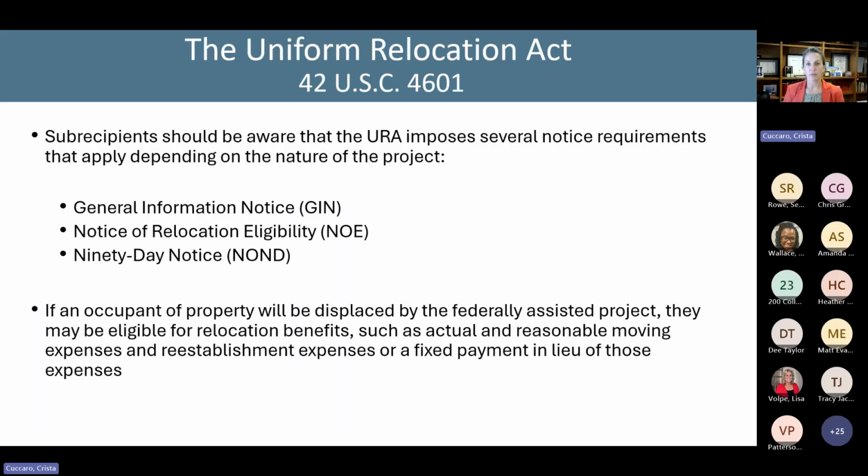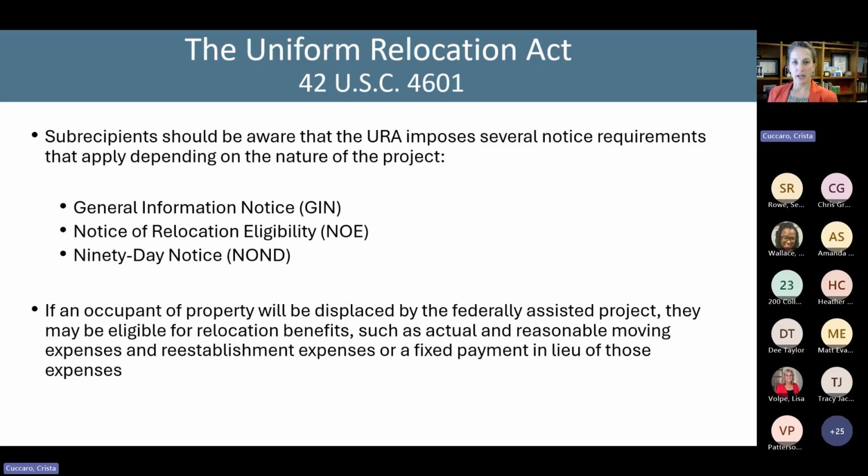So we've got the notice of relocation eligibility, the second one listed here, and this informs people that they are going to be displaced by a project, and then that triggers their eligibility for relocation benefits under the URA. So if a person is going to be displaced, then they may be eligible for relocation benefits, including moving expenses and other assistance.